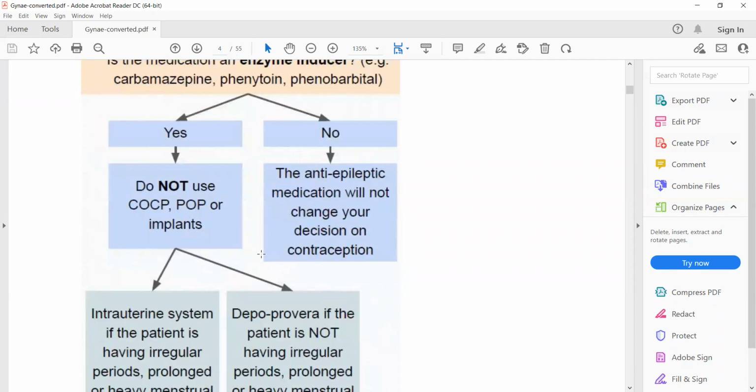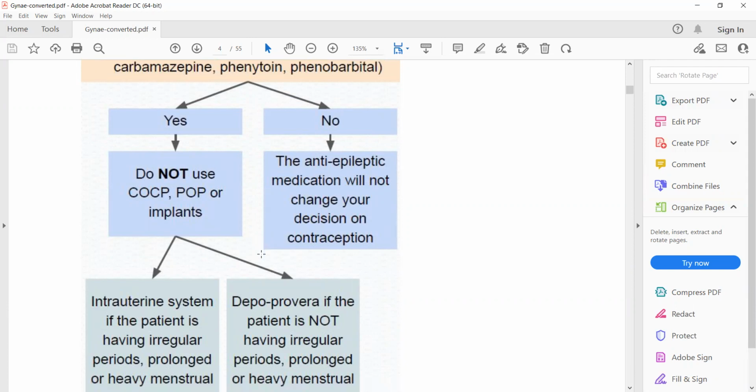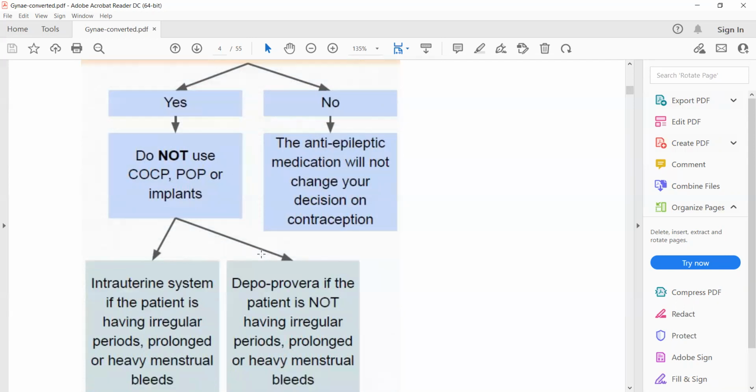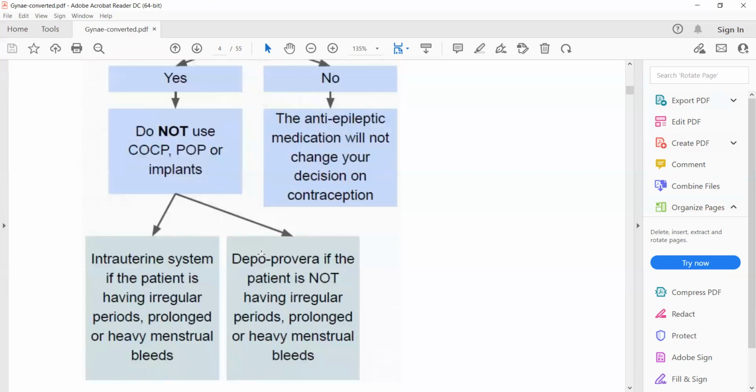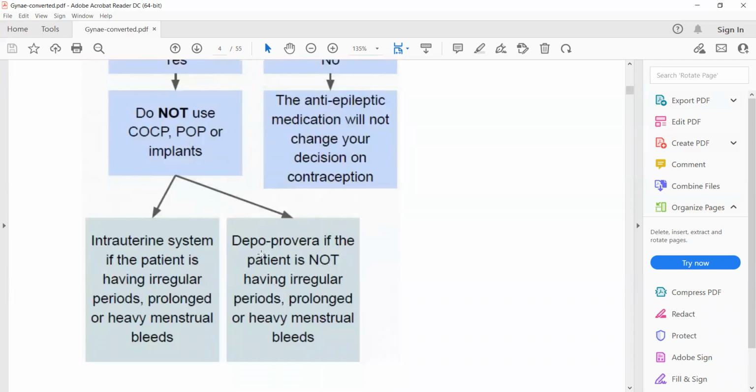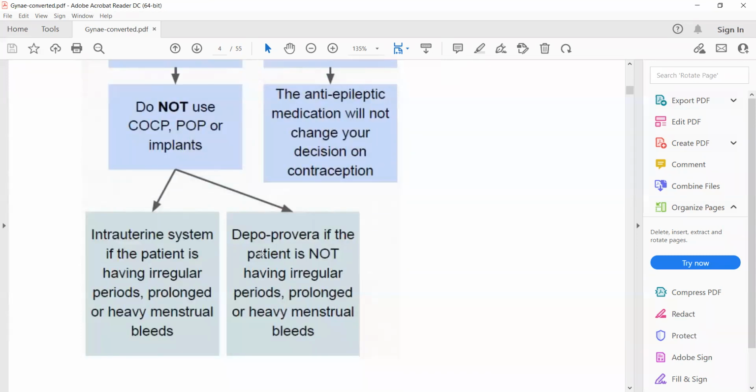If this young patient is taking enzyme inducers, or is a known case of epilepsy taking carbamazepine, phenytoin, or phenobarbital, then in this situation Nexplanon, COCP, or POP cannot be used because their efficacy is reduced. So we will go for UKMEC2 drugs, which are IUS and Depo-Provera injection.